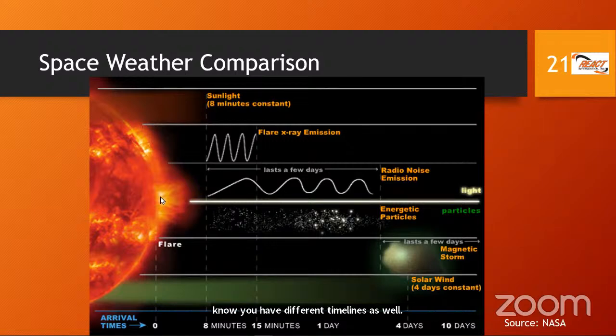So this is just for your information, a slide I thought would be useful for us to compare and contrast, that the particles or the emanations from the sun do take different times to get to us depending on what it is. So if it's UV and X-rays, that's traveling at the speed of light. But if it's a coronal mass ejection or just the solar wind, it will take several hours to several days to get to us, and so on.